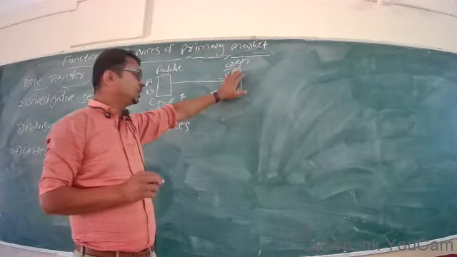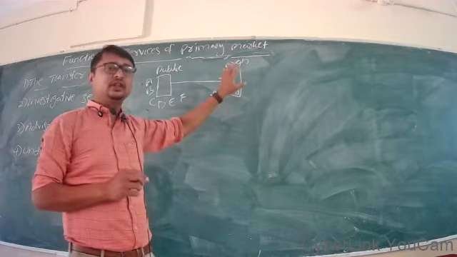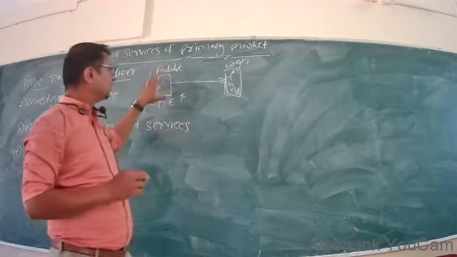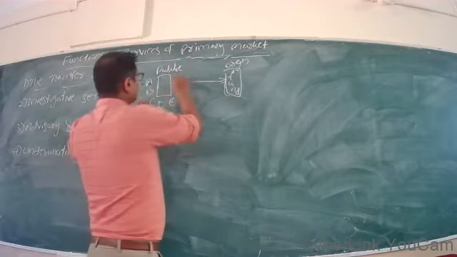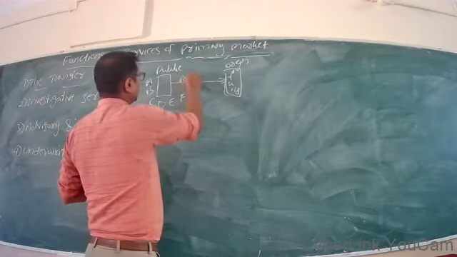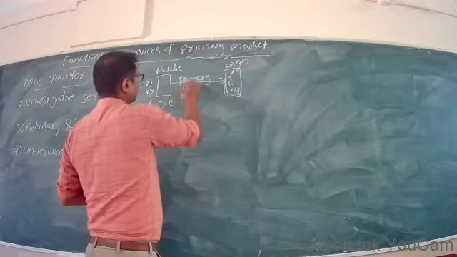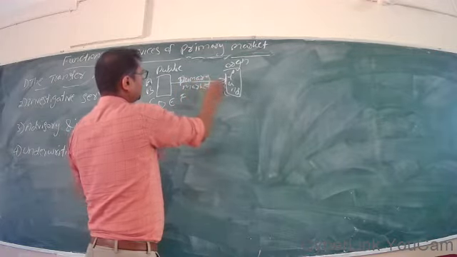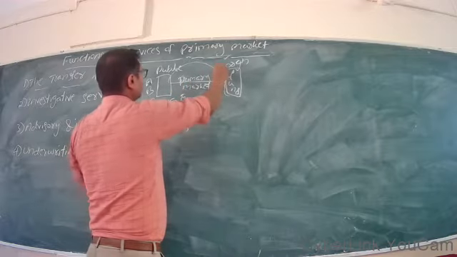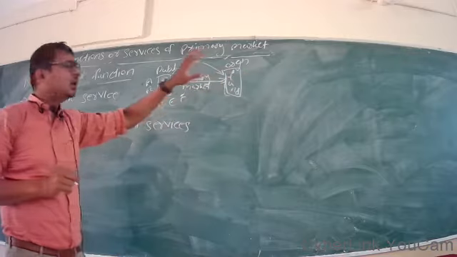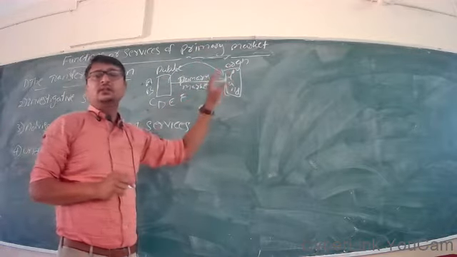The organization needs fund for business expansion, and these people have surplus fund. This primary market provides the platform to transfer this surplus fund to those organizations which need fund for their business.